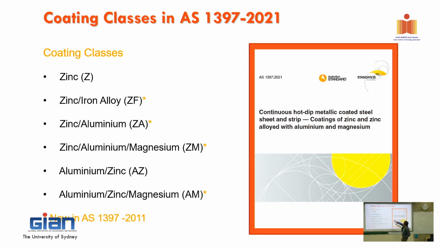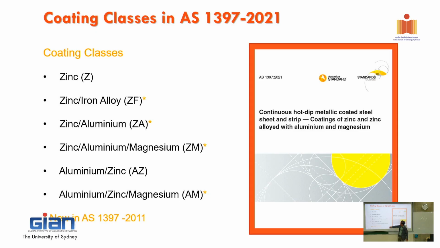I'm not sure about India, do you guys have the Zincalume coating? Okay, in here, right? But do you have the aluminum one, AM? Yes, aluminum and zinc. Yes, yes. So AM here is also very exclusive to BlueScope. We actually introduced that rule just for products of BlueScope in Australia, and the others are based on imported steel.